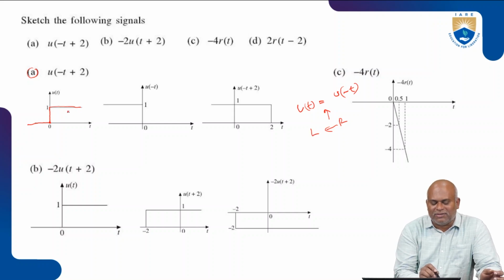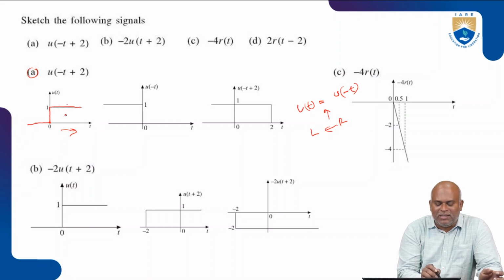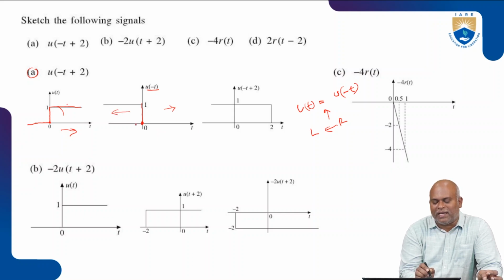So all the positive values of t in the coordinate, represented as 1, are going to be shifted here. See, for the waveform here, u of minus t is represented as 0, the amplitude is 1. The positive side of your coordinate in t will be shifted to the negative side.